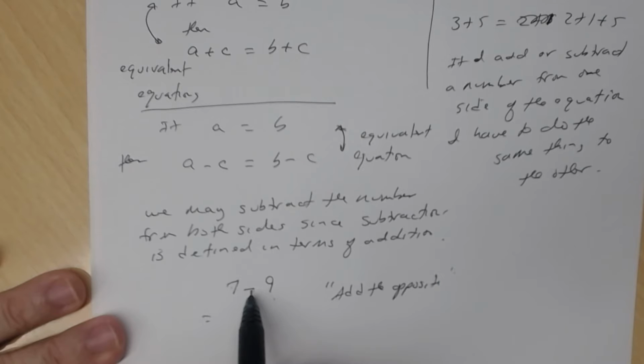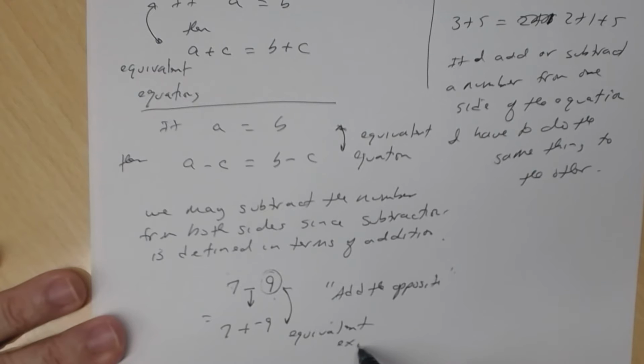So I can always change subtraction to addition, but I got to add the opposite. So this says 7 plus, and then the opposite of a positive 9 is a negative 9. And so that's what this says. Subtraction is defined in terms of addition. So I can rewrite subtraction as addition problem. So these two are equivalent. Okay, equivalent expressions.